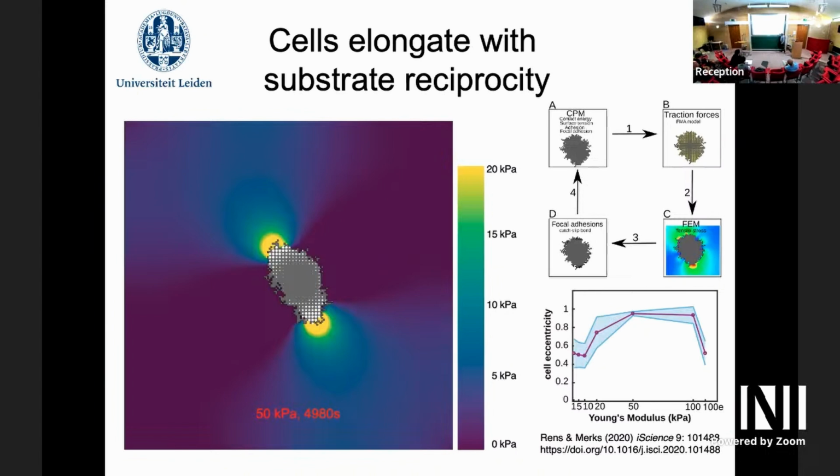And so what we see now is that if we look at the stiffness of the matrix and the cell eccentricity, on soft matrices the cells still stay rounded. Also on stiff matrices, they still stay rounded because every time it makes an adhesion, it just sticks directly. And at the intermediate places, the cell elongates.